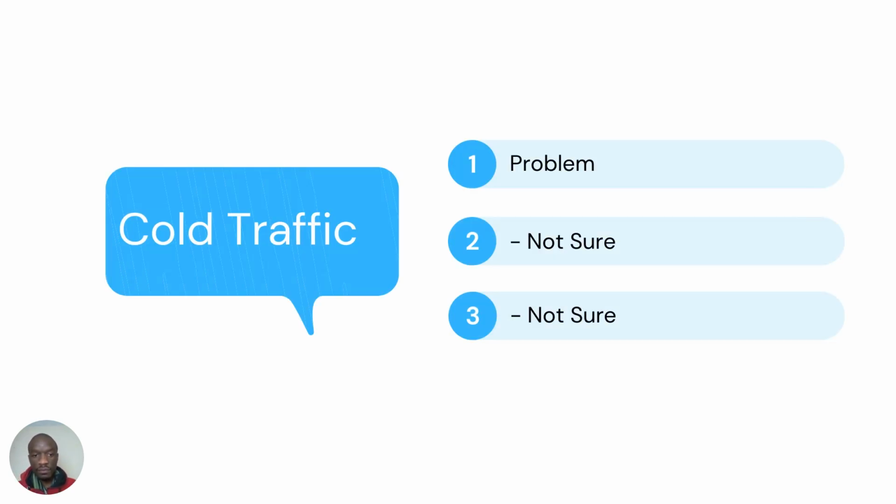When we say that the traffic is cold traffic, usually what we mean is they are at the very beginning of their journey. They only know their problems. They're only starting to understand that they have a problem, but they don't really know anything else aside from that. So they may start describing their situation in relation to how they're feeling, whether in relation to their body, or to everything else around them.